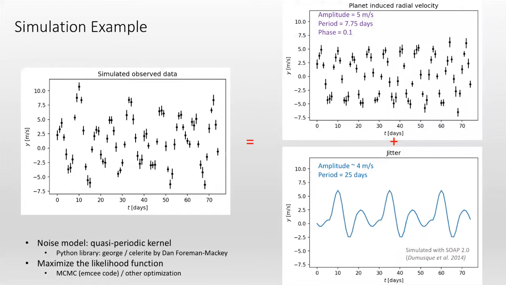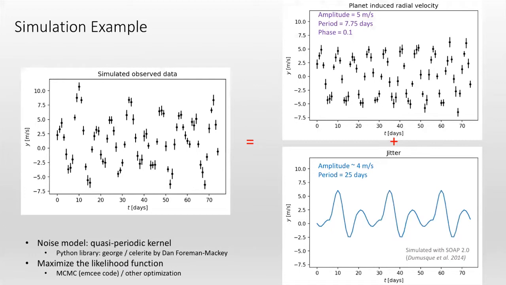So this is a simulation. The orbit data is simulated by adding a Keplerian orbit. This is what I simulated. And also this stellar jitter model simulated with the SOAP simulator. So we try to see if we can recover this planetary signal by combining these two. So it looks quite messy here.